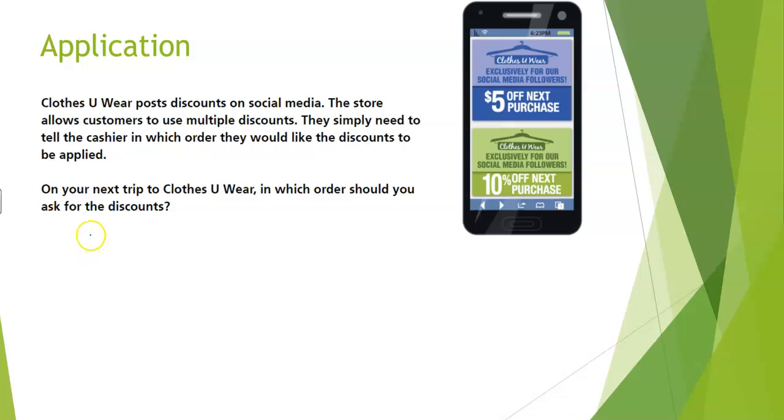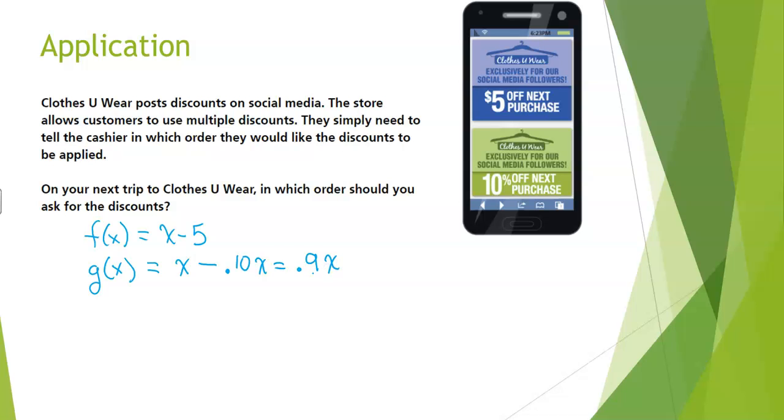So let's call the first one f of x, where I take my price and I just subtract $5 from it, and that's how much it would cost. Let's take my next one, g of x, and I would take my price, which is x, and I would subtract 10%, because I'm getting 10% off of that. Remember to move the decimal over 2 places to the left. Well, that's the same thing as 0.9x, right?